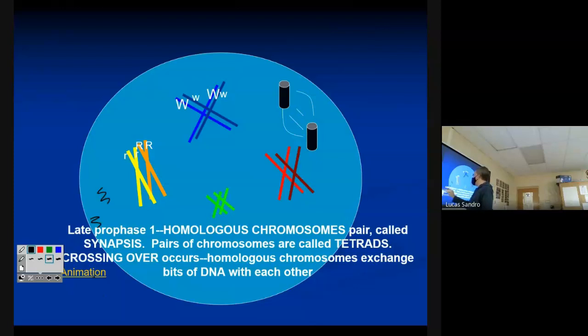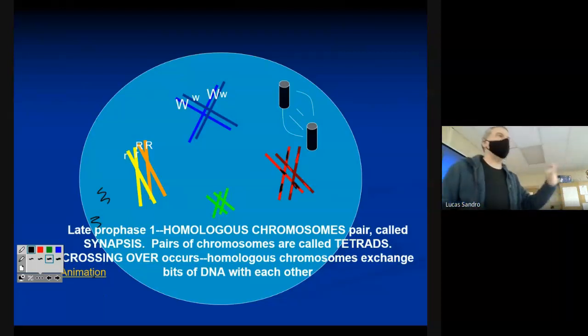So I'm not a great artist with PowerPoint, but now I can maybe make this work a little bit. It'd be like if the bright red one traded little pieces with the dark red one. We'll just use black. So they end up literally being little Frankenstein chromosomes that have traded pieces.